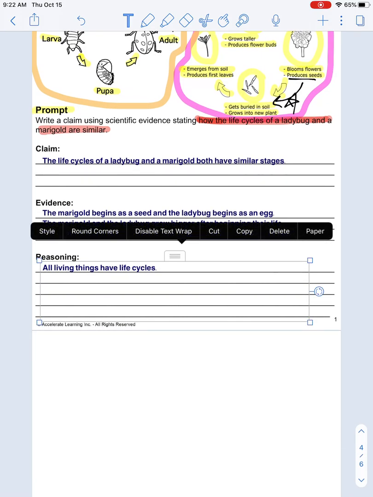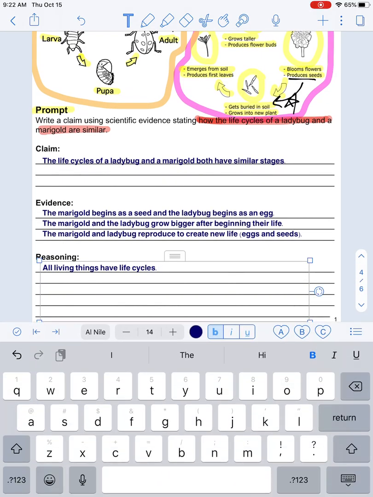I'm kind of using my own words to expand on what I've already said above. So all living things have life cycles. Life cycles can have similar stages.